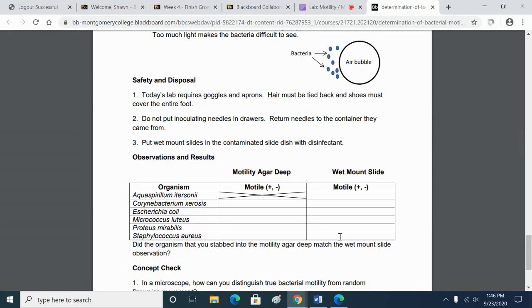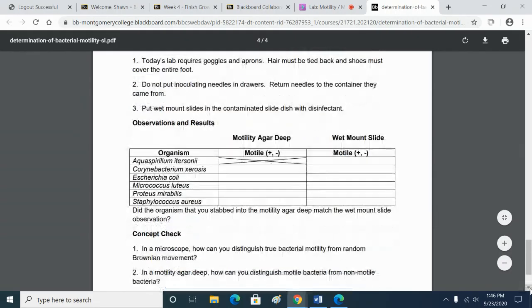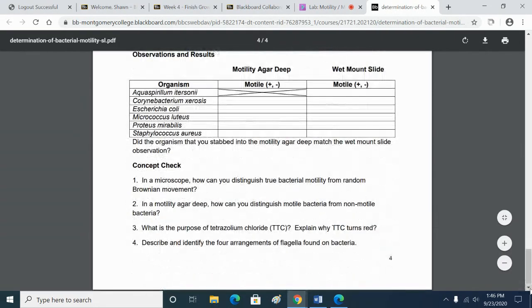Just all these little things to always think about in lab. And because these are wet mount slides with live bacteria, you would discard them into a dish of disinfectant so we could then dispose of them later.